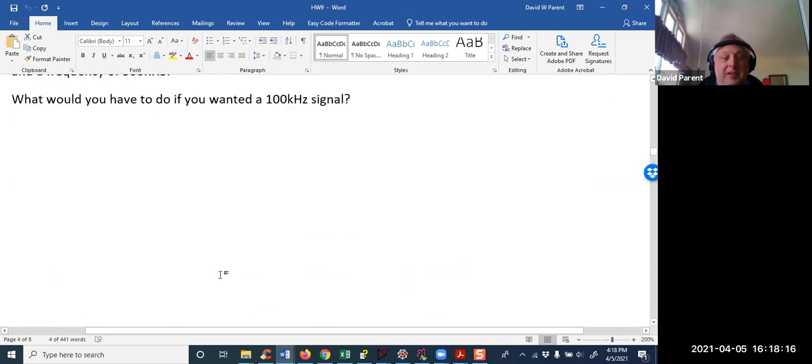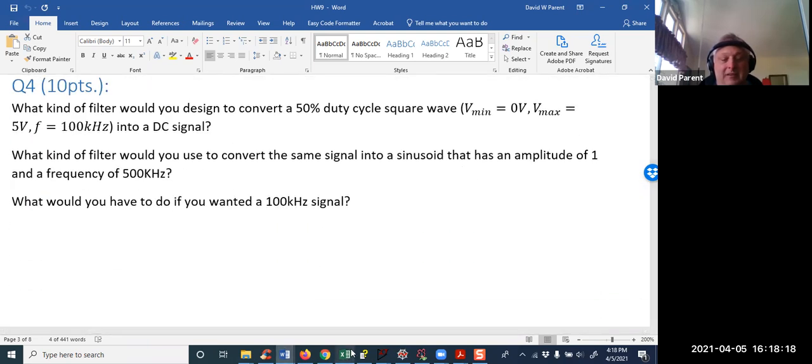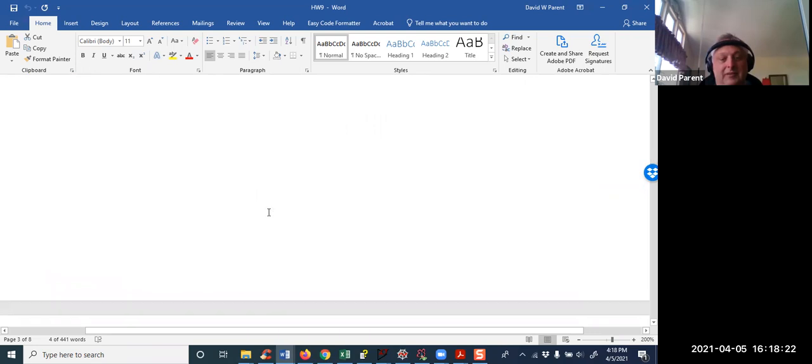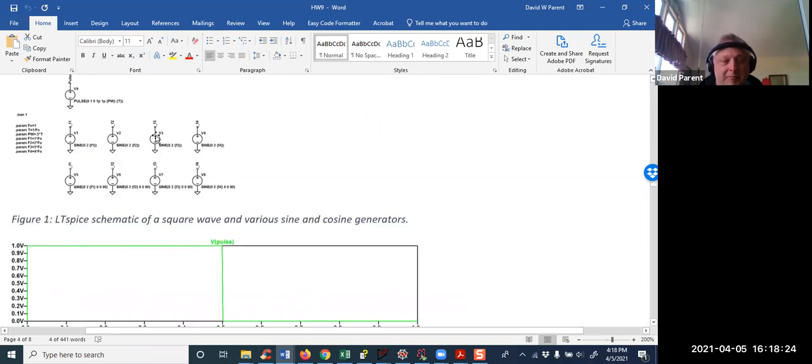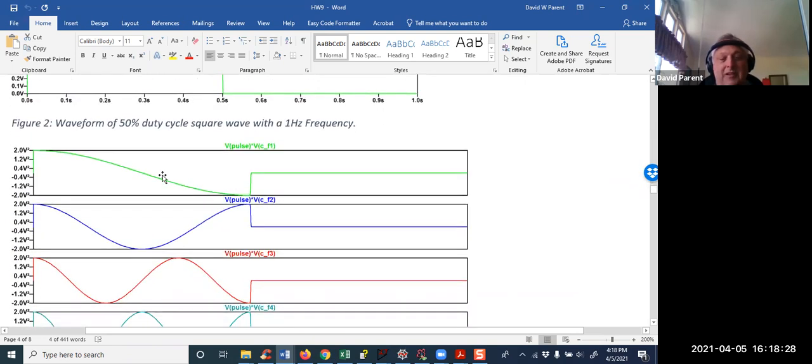So what I've done is I've made sine waves and multiplied them by these things so that in LTSpice, you could click on it and click average, and it would actually give you the coefficient.